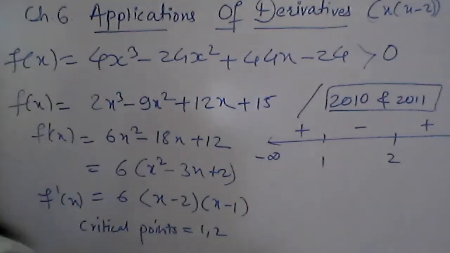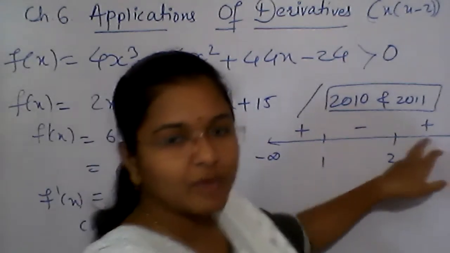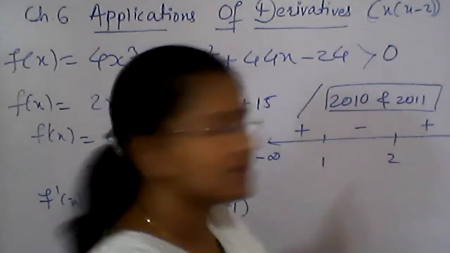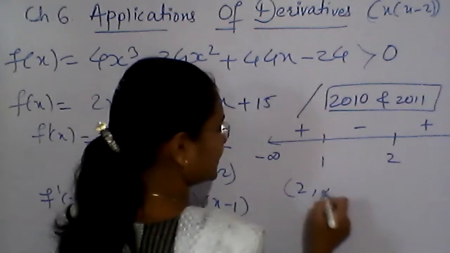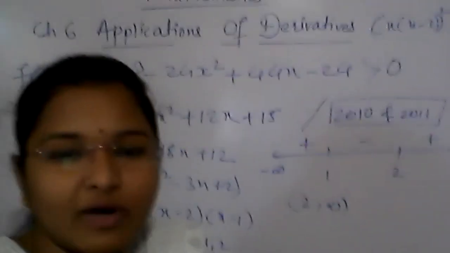Okay, so here the rightmost point is 2, so from this interval it will be plus, alternate sign minus plus. So in interval 2 to infinity, see Suraj, you have asked me about that chart, for how many marks.